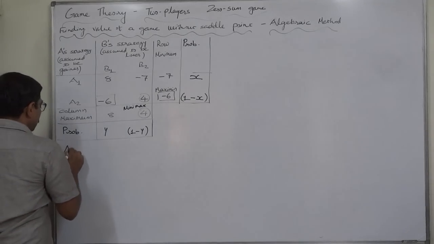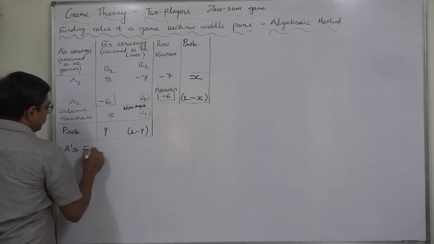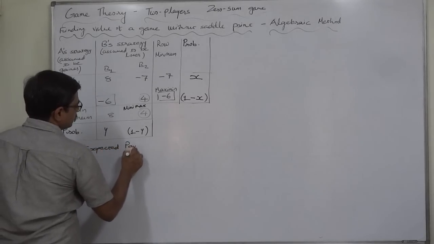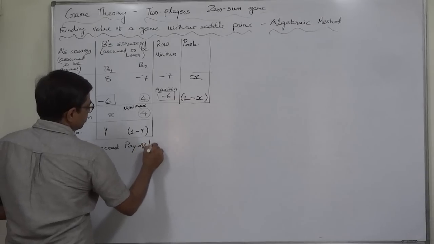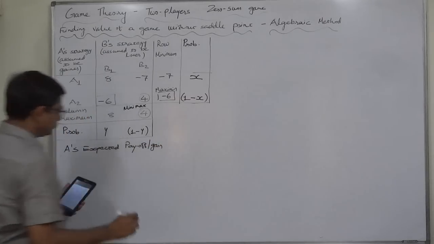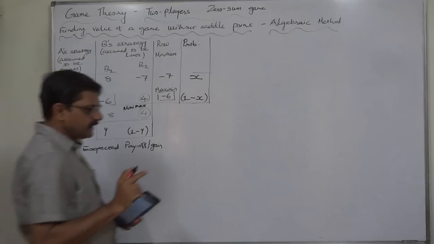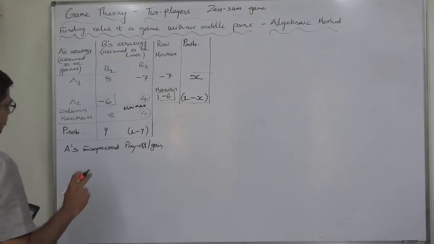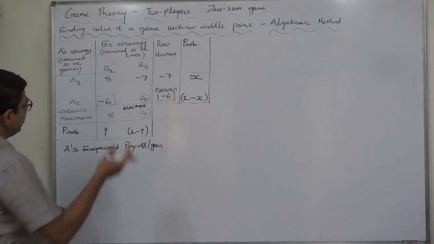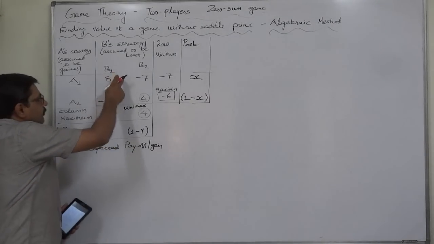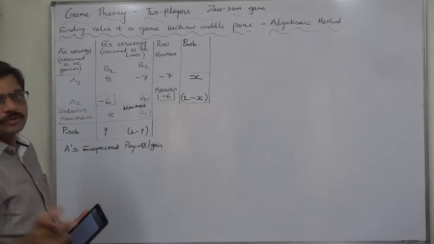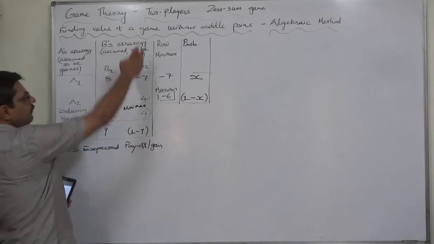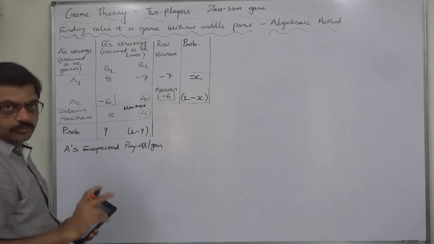And let's think about A's expected payoff, that means A's expected gain. A's expected gain is actually a conditional event. It can be considered on the basis of which strategy B is going to use: if B is going to use B1, or if B is going to use B2.